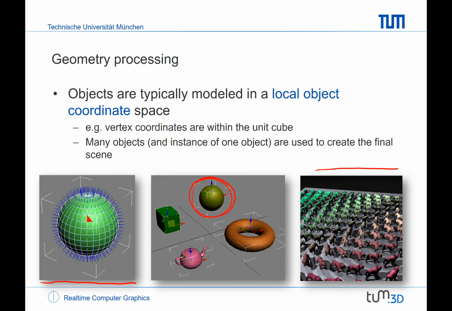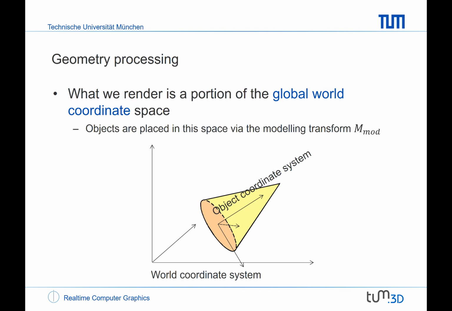Then you apply different transformations onto that one model so that it appears multiple times at different locations and different orientations. What we render is a portion of the global world coordinate system, and all the objects which are initially modeled in their local object coordinate system now have to be brought into that world space coordinate system. So the objects are placed and oriented in this space, and in order to do that, we use the modeling transformation.